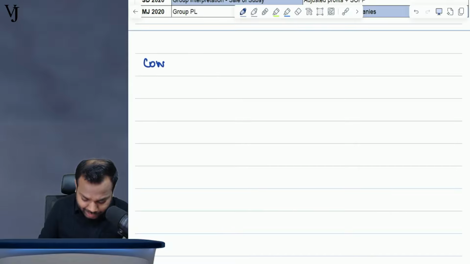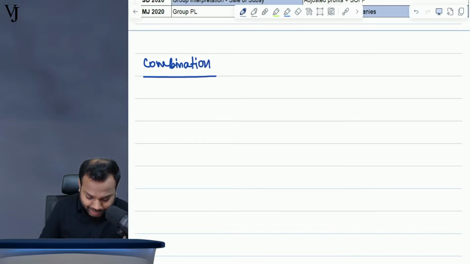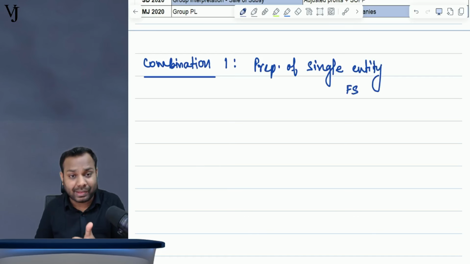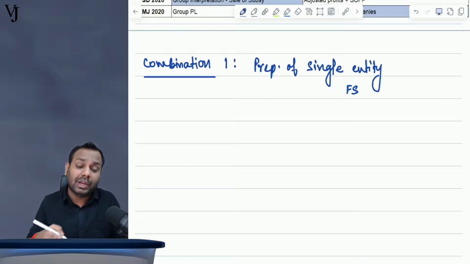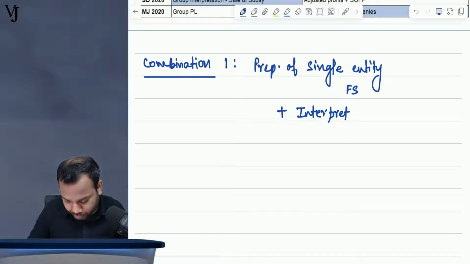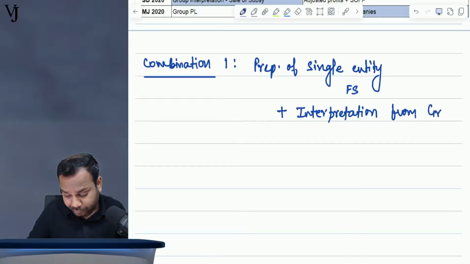The combinations that they make are: combination number 1, they will ask you preparation of single entity financial statements, and if they ask preparation of single entity financial statements, then they will ask you interpretation from group FS.